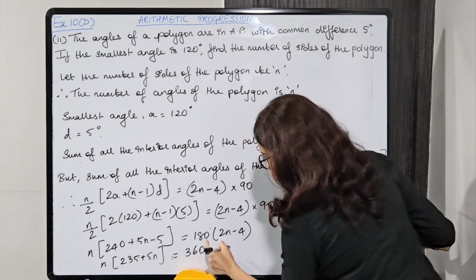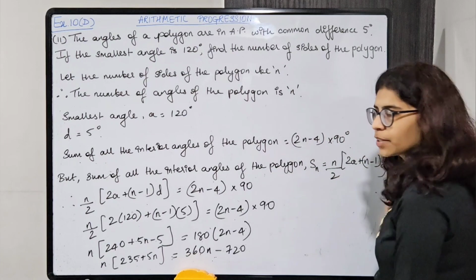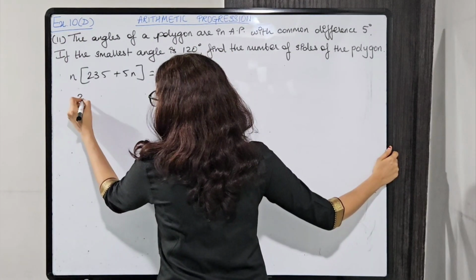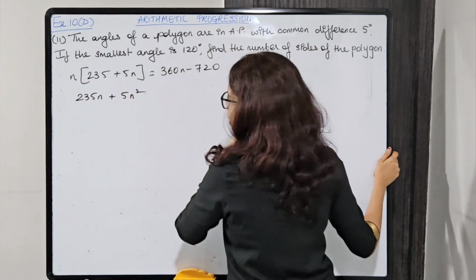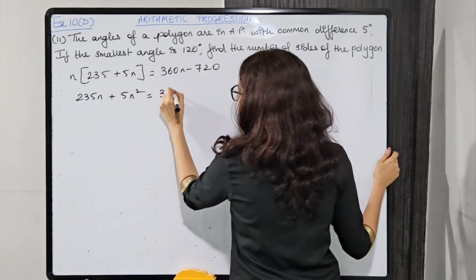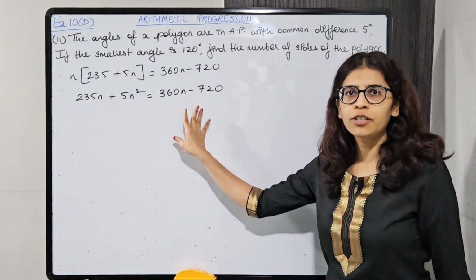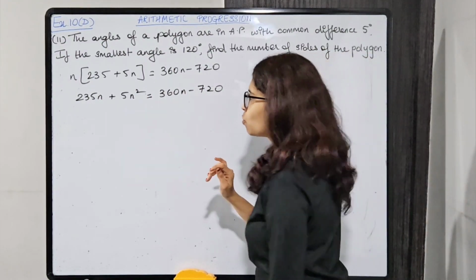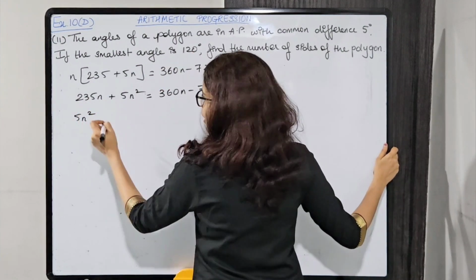Okay, so n into (240 minus 5), 235 plus 5n, is equal to, opening the brackets over here, 360n minus 180 into 4, 18 4s are 72 and 0. Okay, opening the brackets, 235n plus 5n square हो जाएगा. It is equal to 360n minus 720. Let's shift all the terms to the LHS. Okay, so पहले square वाला term लिखेंगे, power 2 वाला term, then power 1 वाला term.